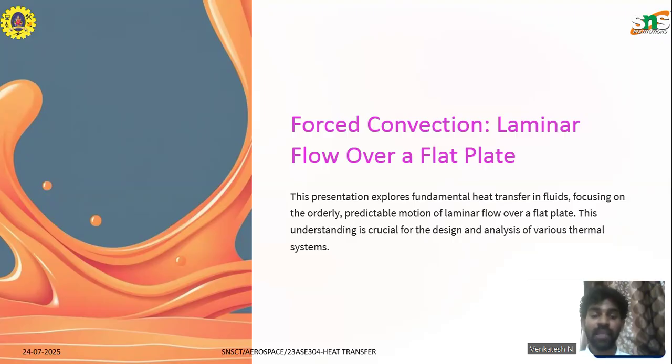Basically, we know the Reynolds number indicates the ratio of viscous to inertia forces. In this parameter, here it is in the flat plate. The thermal analysis plays an important role in the forced convection parameters.